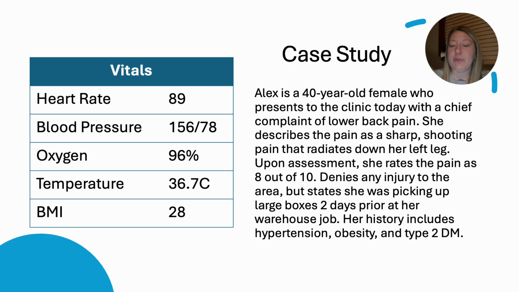Her history includes hypertension, obesity, and type 2 diabetes. Her vitals are as stated: heart rate 89, blood pressure 156/78, oxygen 96%, temperature 36.7 Celsius, and BMI is 28.